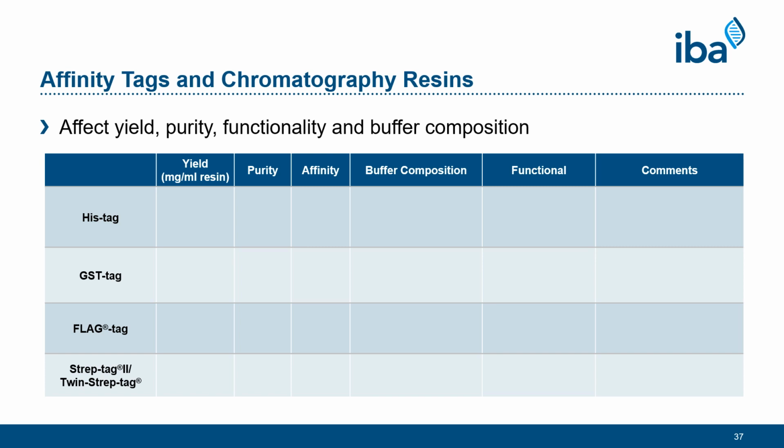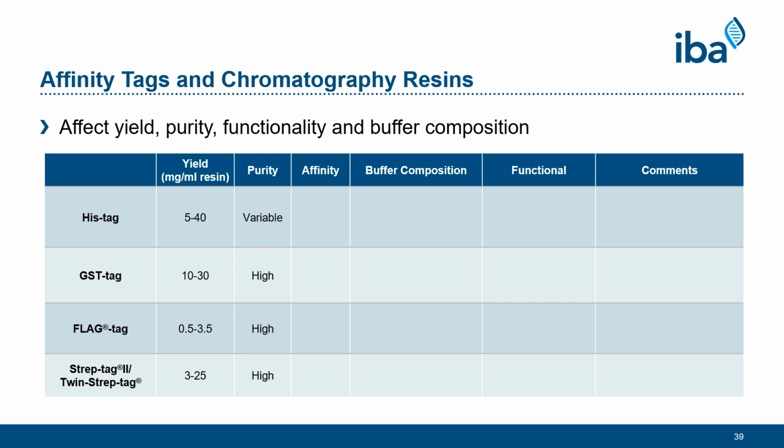Now we have learned which specifications are necessary for analytic applications and can look at the affinity tags and check which one is compatible with most analytic applications. The highest yields are obtained with the His tag, GST tag, Strep-tag 2 and Twin-Strep-tag.